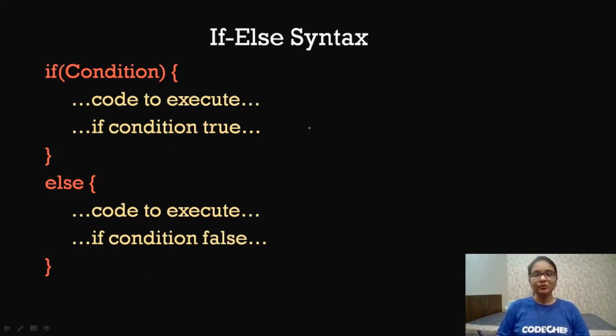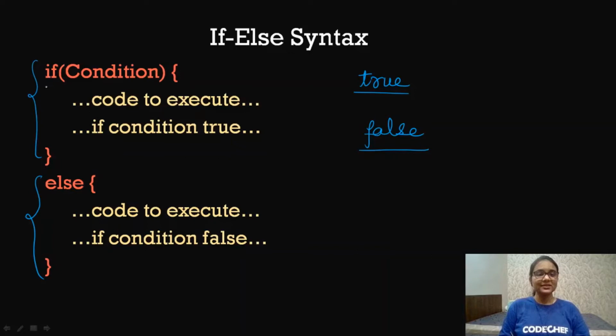The syntax is very simple. When we had to make a decision, there were two scenarios: either our condition can have the answer true, or it can have the answer false. That is why you can see here that we have two blocks, the if block and the else block. The if block is associated with the condition being true and the else block is associated with the condition being false.